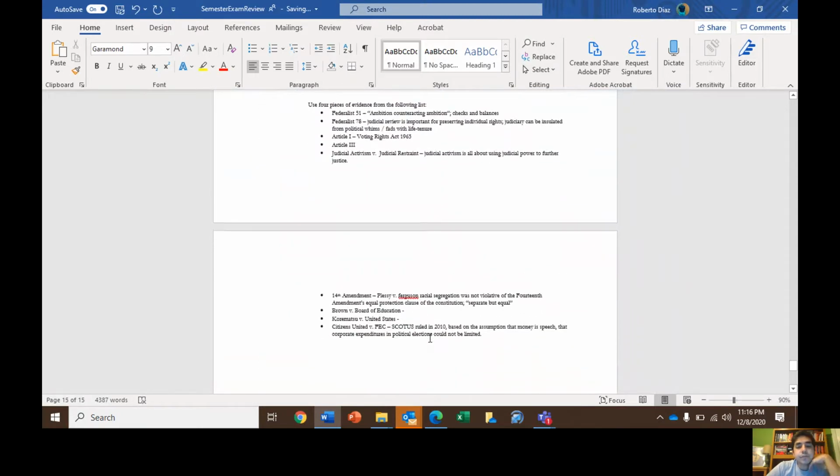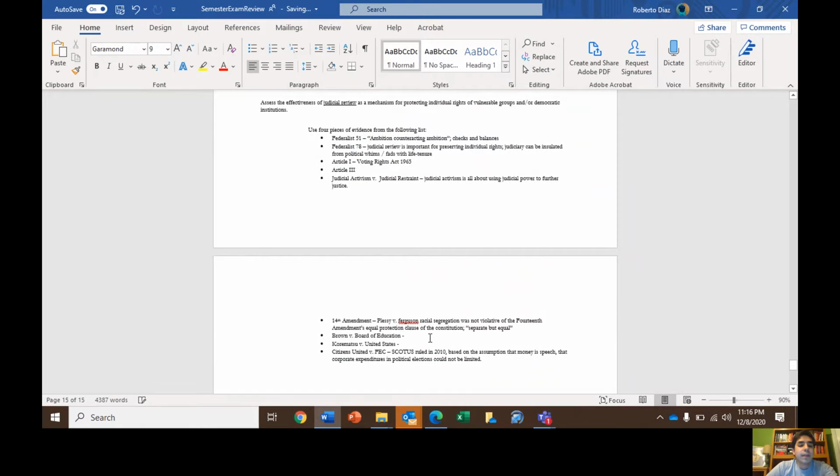Okay. So now I'm going to go ahead and start writing this essay. You can write this essay in several different forms. You can focus predominantly on democratic institutions if you want. And if you're going to focus on democratic institutions, given the evidence here, you would probably need to focus a lot on campaign finance.